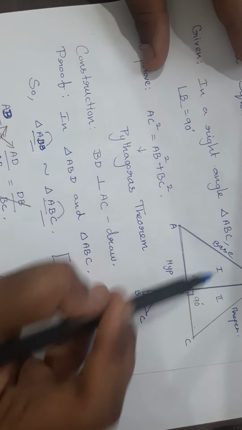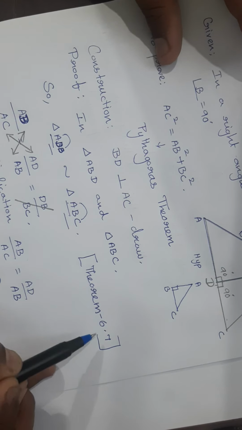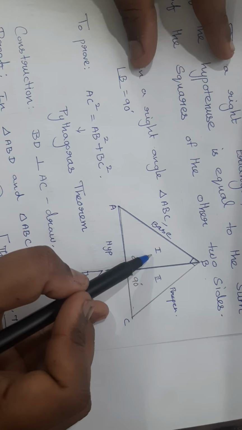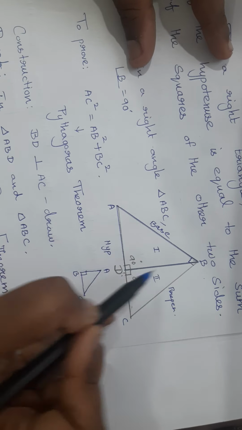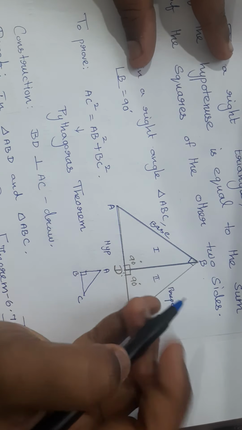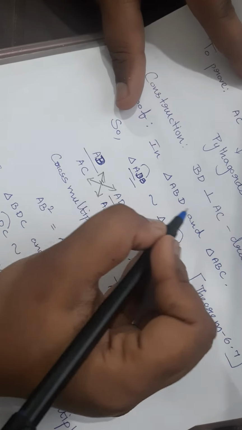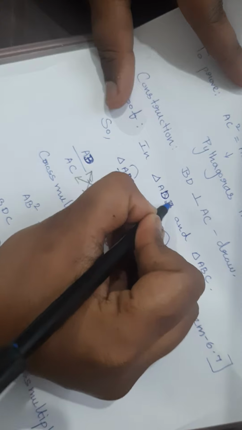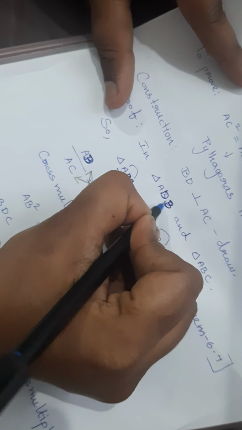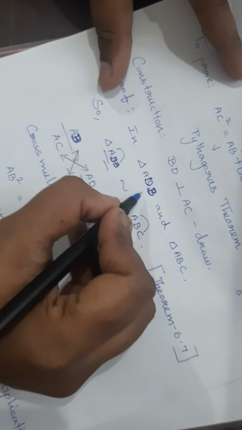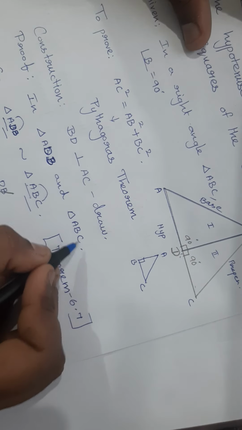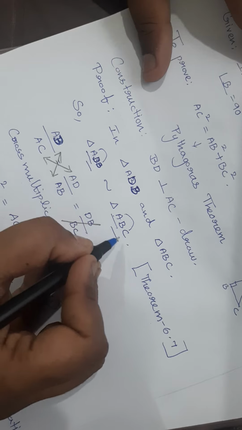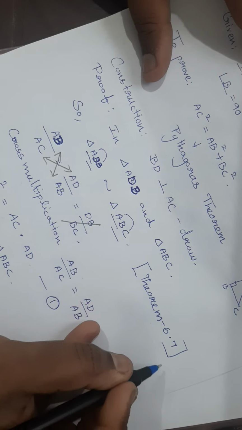Okay, from this take the theorem 6.7. You take the similarity theorem. So this is the first similarity theorem. Triangle ADB is similar to triangle ABC from the theorem 6.7.